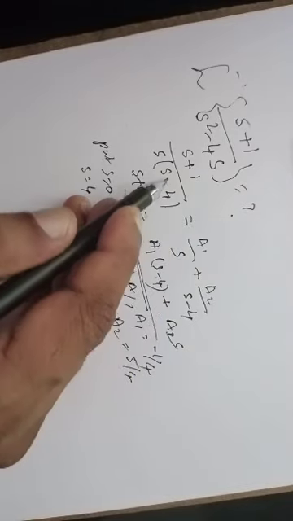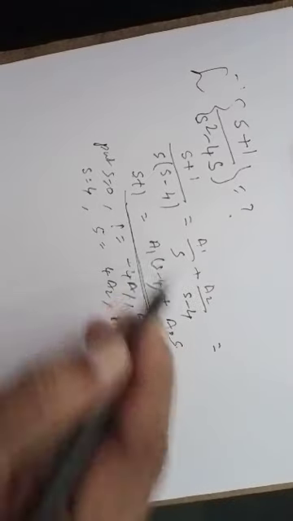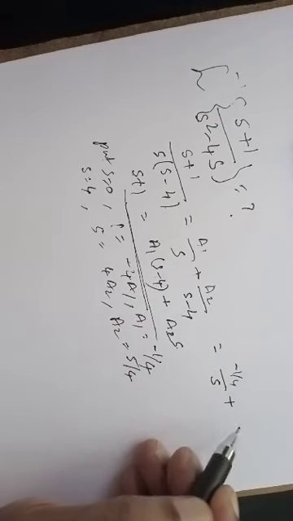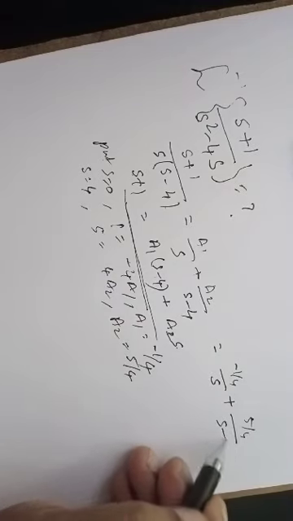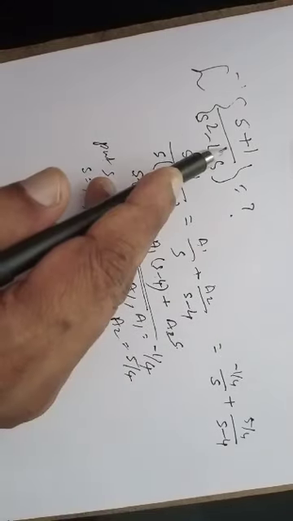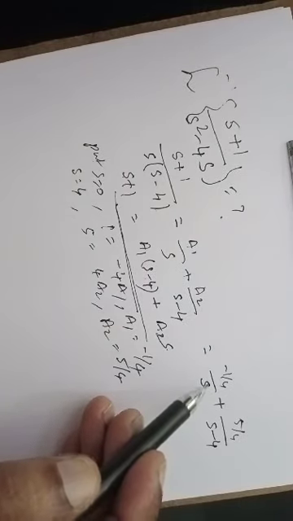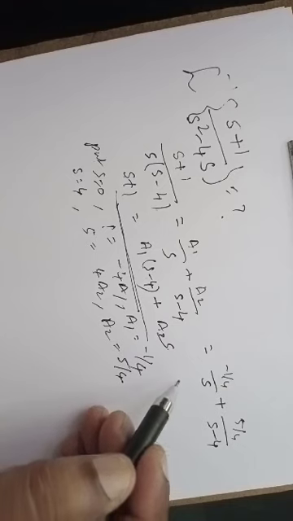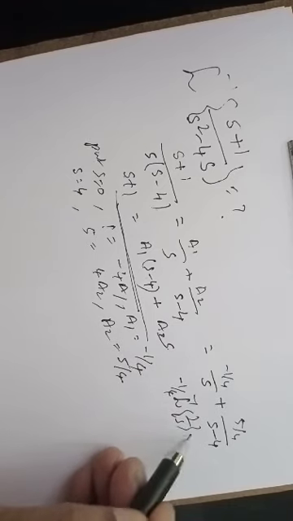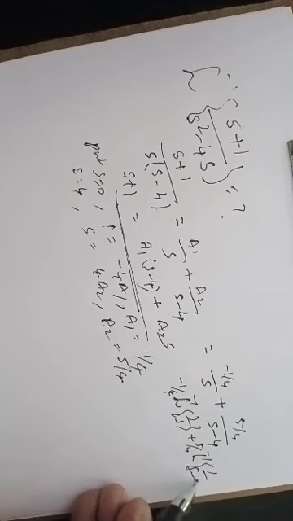Now the given problem is converted into partial fractions: a1 by s, that is minus 1 by 4 by s, plus a2 by s minus 4, that is 5 by 4 by s minus 4. Then to find L inverse of s plus 1 by s square minus 4s, we take the constants outside: minus 1 by 4 into L inverse of 1 by s plus 5 by 4 into L inverse of 1 by s minus 4.